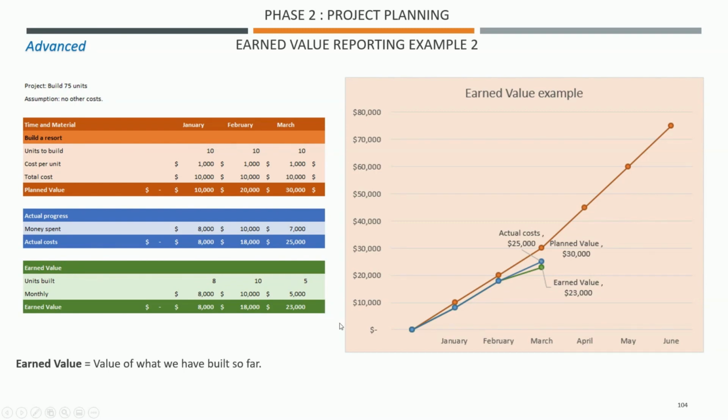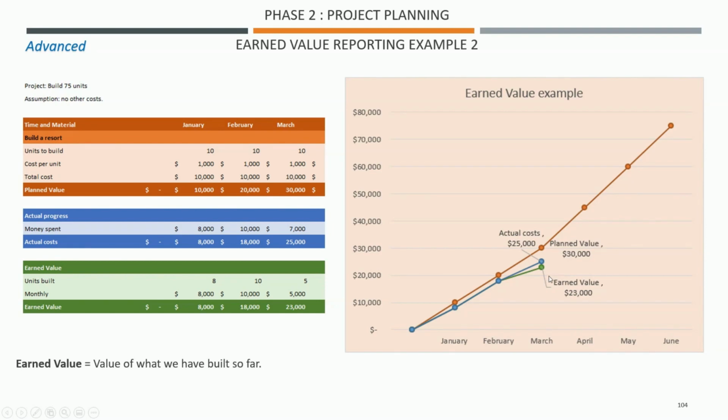So you put that on a chart, with the planned value here, the actual cost there, and the earned value there. The earned value in green is what you have done at the end of March. In blue, the actual cost, and the planned value there.